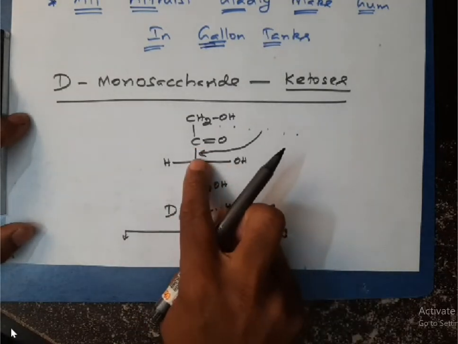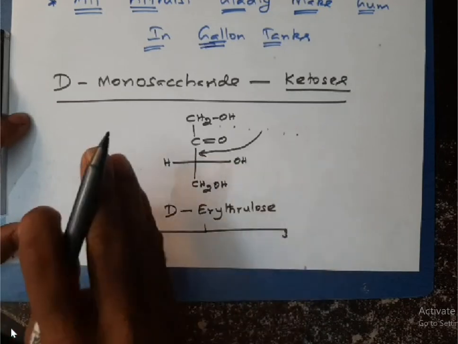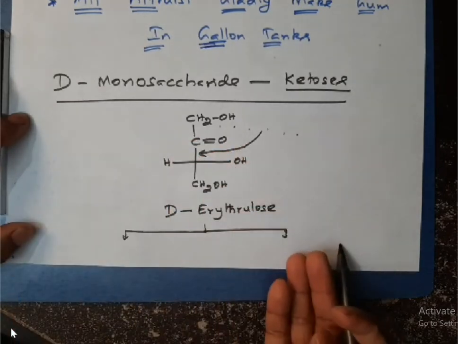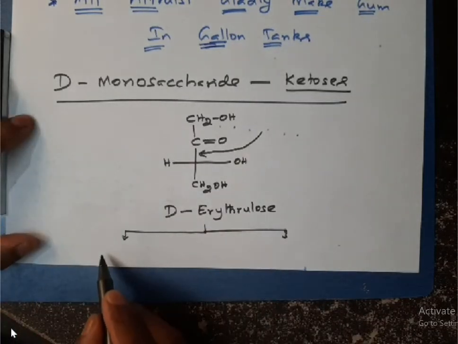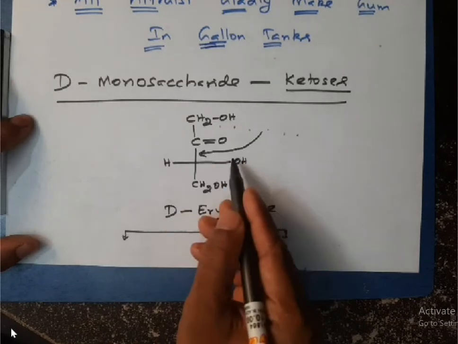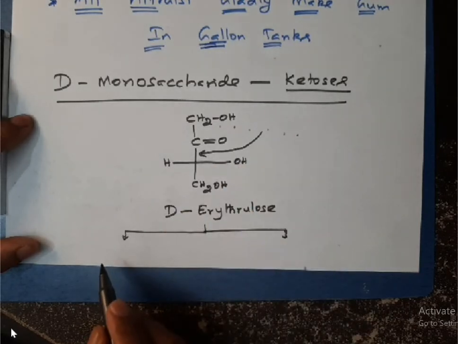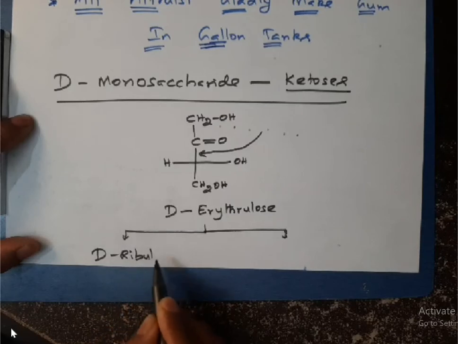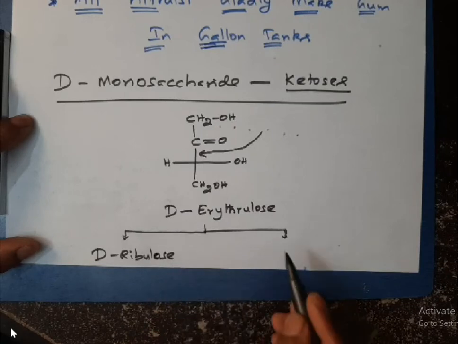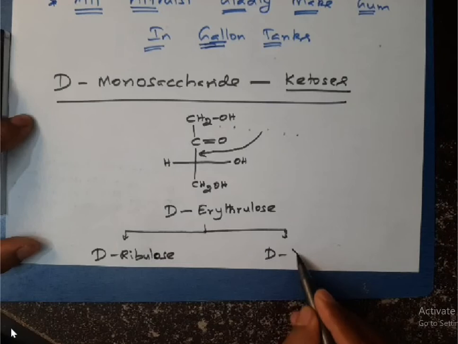Introduce a new chiral carbon here, and in one molecule put the OH group on the right hand side, in the other molecule you put the OH group on the left hand side. You just try it, okay? If you put the OH group on the right hand side, you will get D-ribulose. If you put the OH group on the left hand side, you will get xylulose.